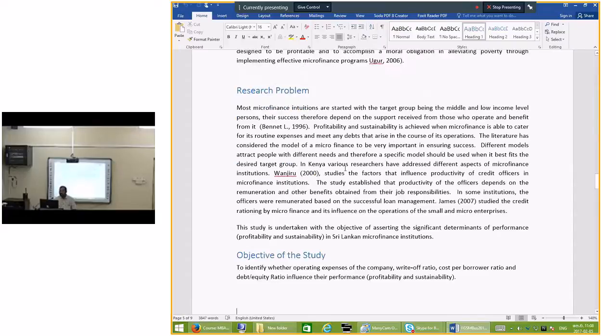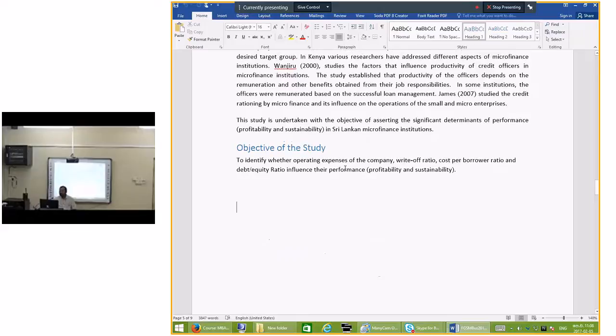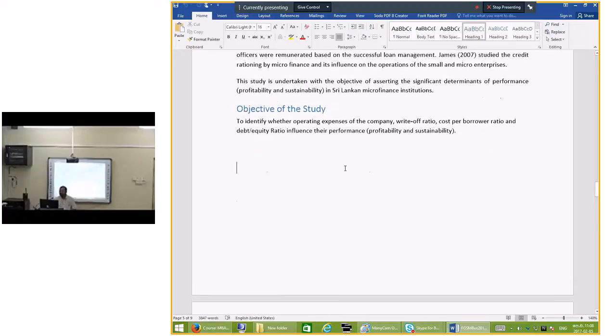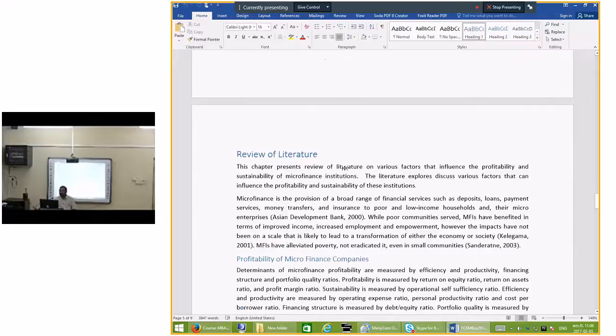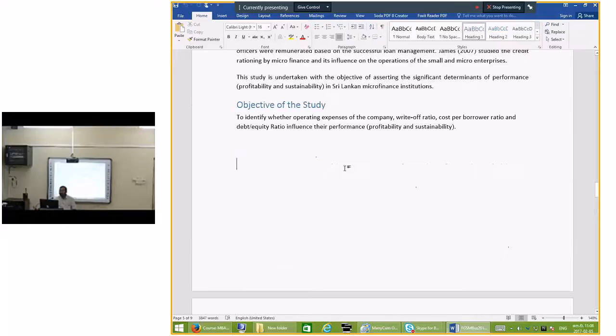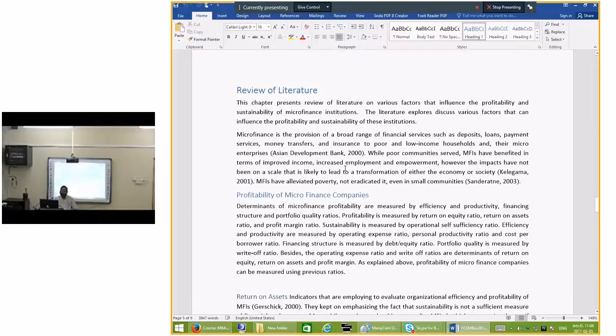Every time, use it to assess the profitability of the microfinance institution. That is your objective. Don't write the operating expenses, write-off ratio, cost of labor and other things. No need. Assess the performance of microfinance institutions in Sri Lanka.